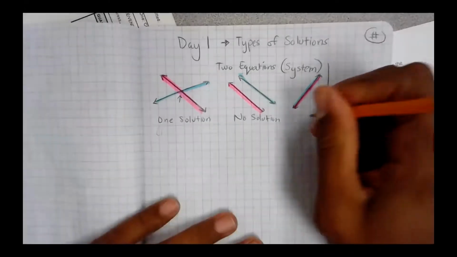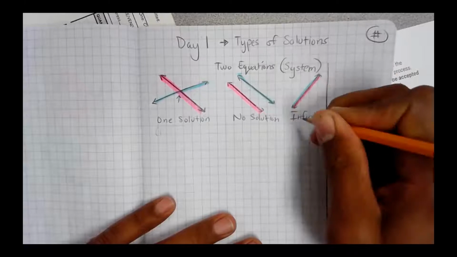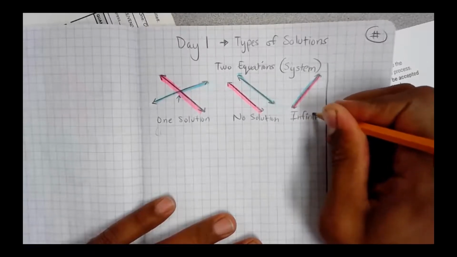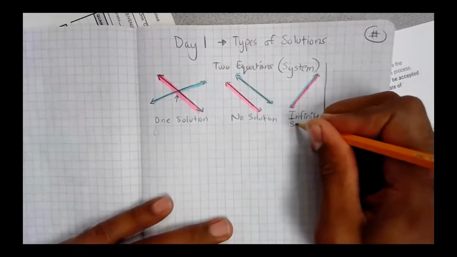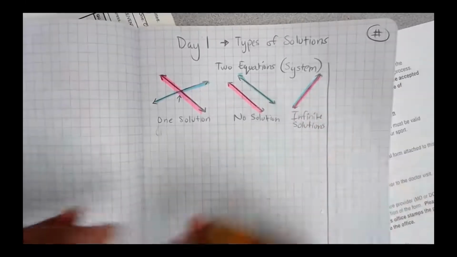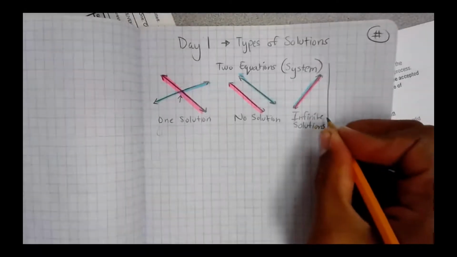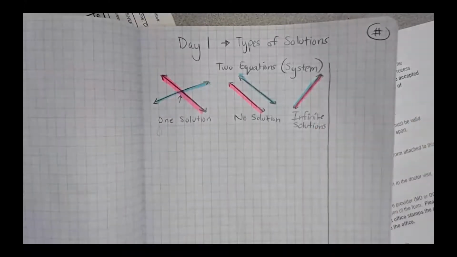Okay, this is where we have infinite solutions. And infinite, if you guys know the word infinity, just means forever, right? So if you have infinite solutions, that means you have many, many different answers. You can have as many answers as you want, basically. Any answer would work for X and for Y.